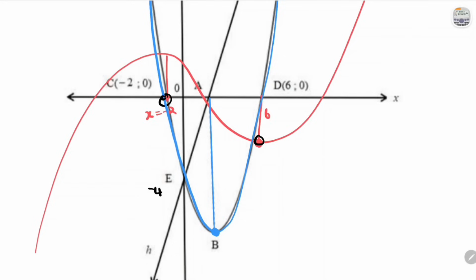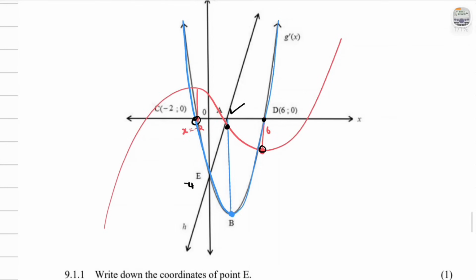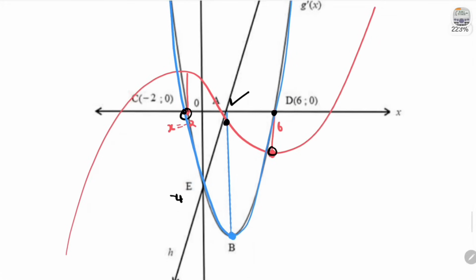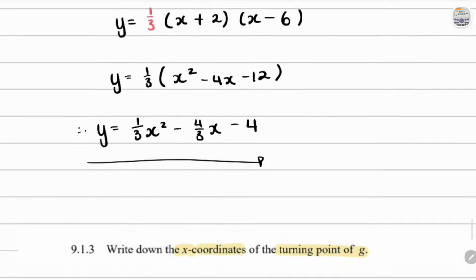So if we find the midpoint of -2 and 6, that would give us the x value of this turning point, and that would be the x value of the point of inflection of the cubic function. Okay, so this is the relationship between a cubic function and its derivative. So we'll use the midpoint formula, and we know that we're looking at -2 and 6.